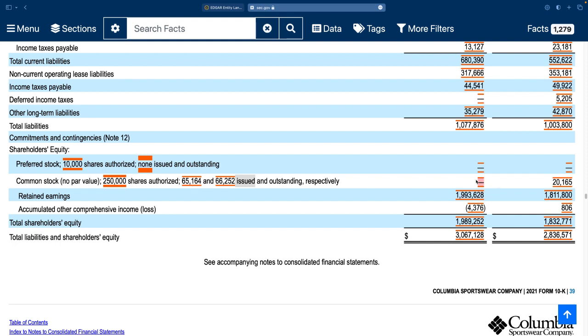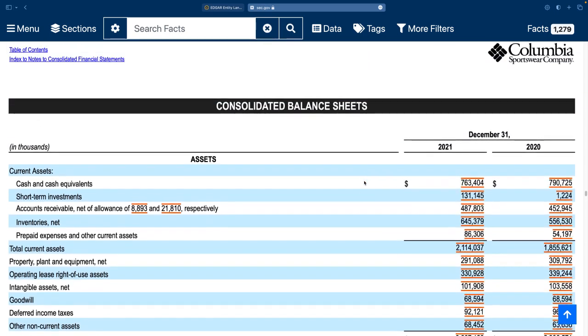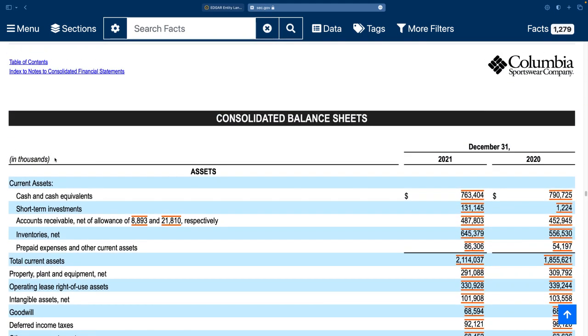Now, why don't they have a number here? Why is there no number here? When we come back up to the top, one of the things we're going to notice, right over here on the left-hand side, is that Columbia is listing all of its numbers in thousands. So when you look at their cash and cash equivalents for 2021, it says 763,404.